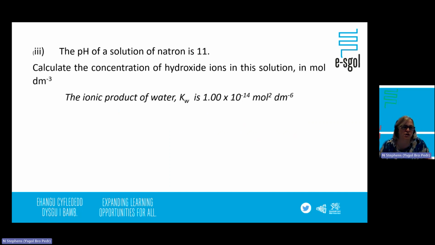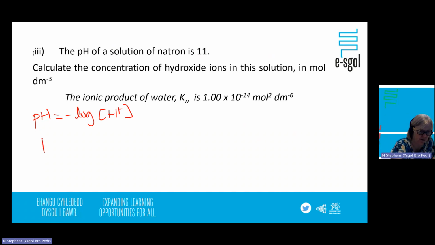It then went on to ask you to calculate the concentration of hydroxide ions, so that required you to recall really two equations. So pH, as we know, is the minus log of H plus ions. And hopefully you are also familiar with the fact that Kw is equal to the concentration of H plus multiplied by the concentration of OH minus.